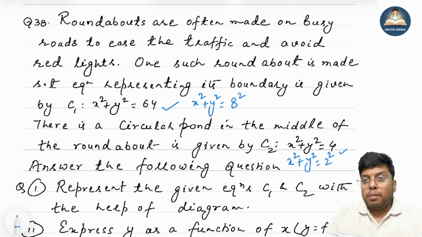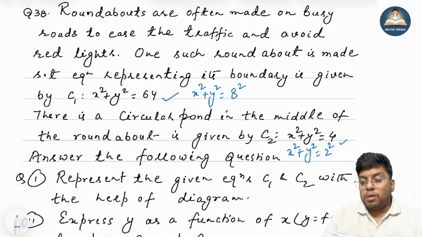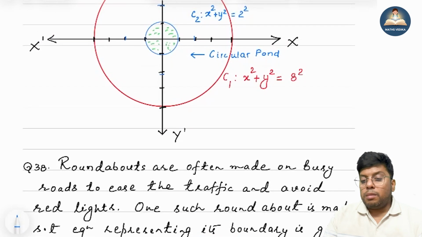The diagram will be a circle represented by circle 2, which is the circular pond in the middle, whose radius will be 2 unit, and whose boundary will be inside the boundary of the roundabout. So obviously the roundabout will be the bigger circle whose radius is 8 unit.